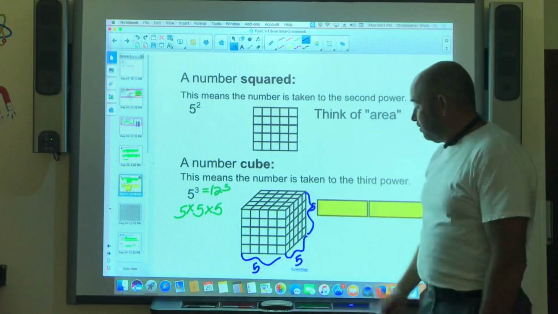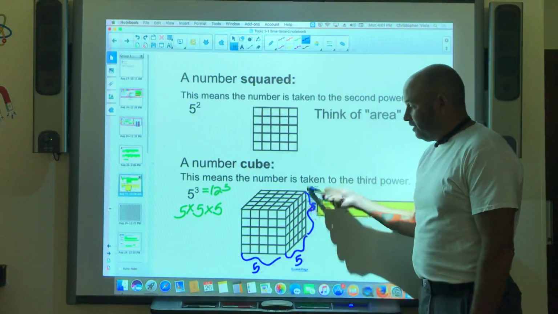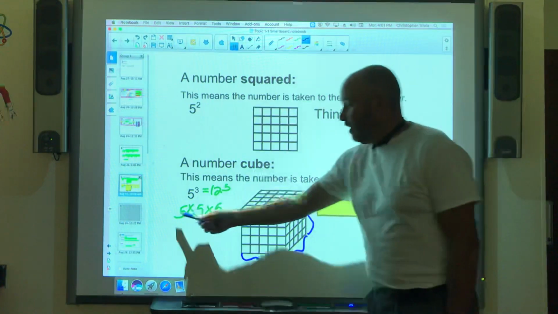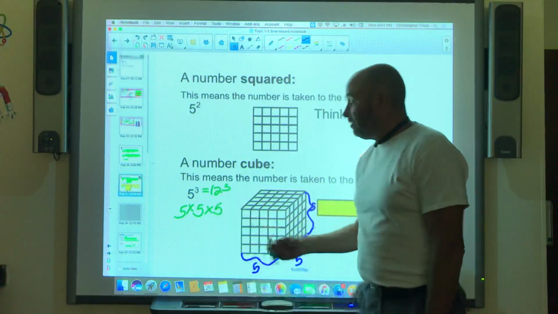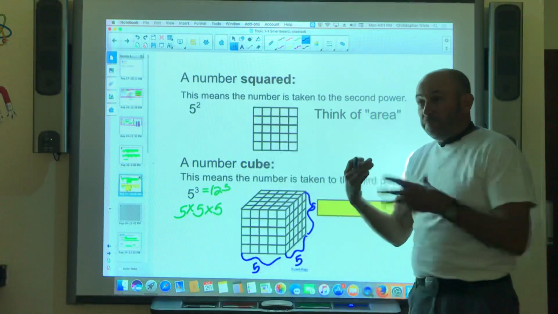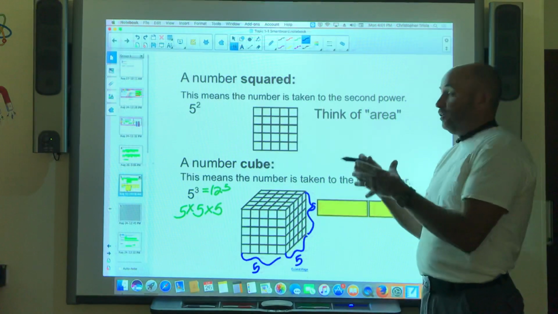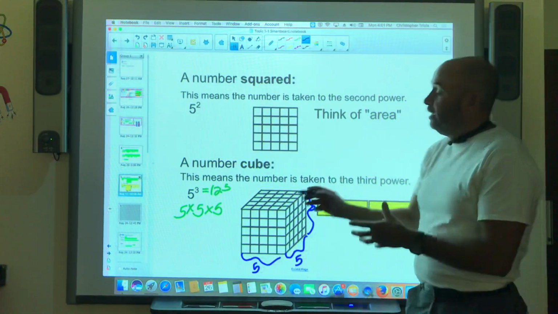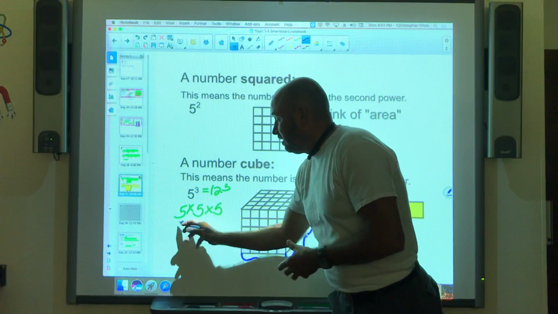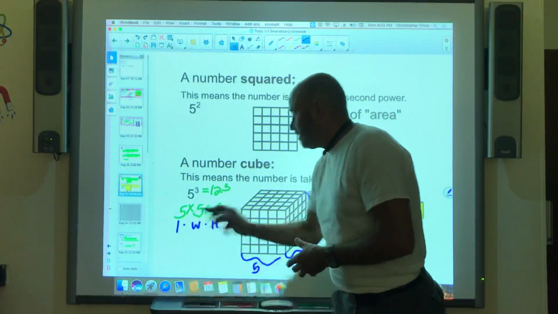In other words, we have 5 times 5 times 5. One of the best ways to think about the power of 3, or cubing, is to think of it as length times width times height, okay?